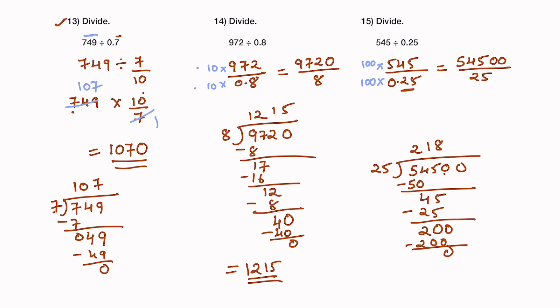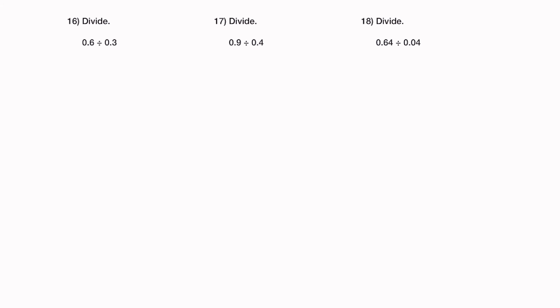So that's 0, and the final 0 we take down. And don't say, okay, it does not go in 0 and leave it. No, you have to work with that 0 in the sense that it does not go, so you're going to add 0 there. So the answer is 2180, 2180.